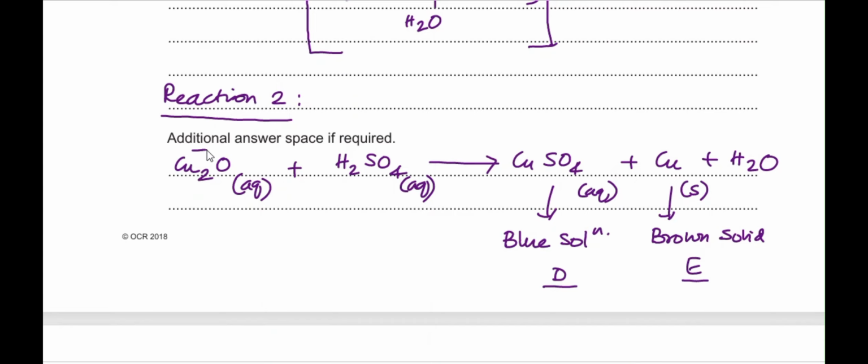Here copper has got an oxidation state of +1. It becomes 2 positive here, so it gets oxidized, and here it is 0 because it is an element and therefore it is getting reduced.